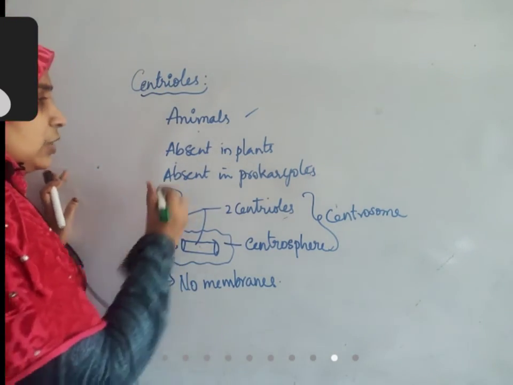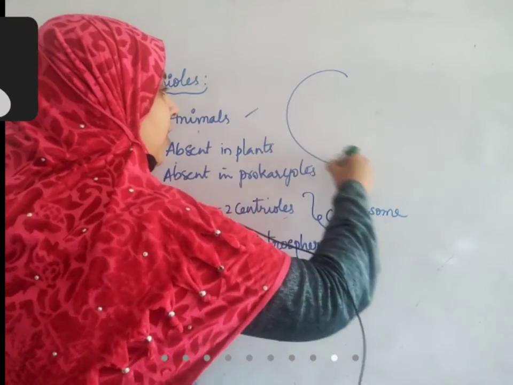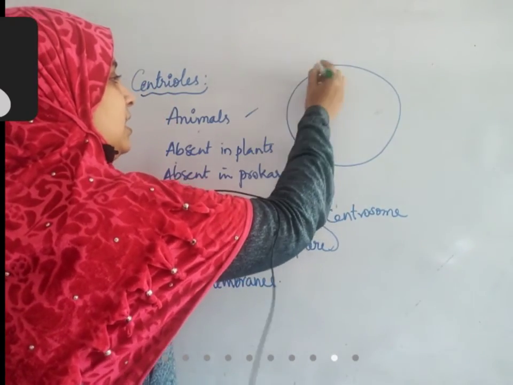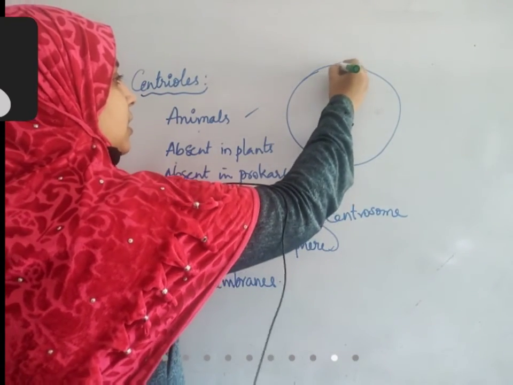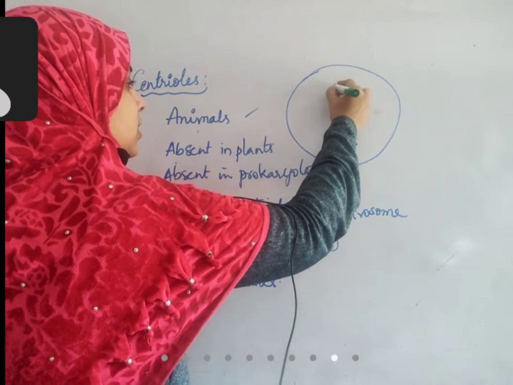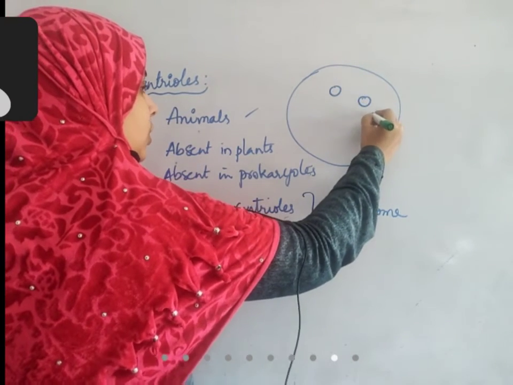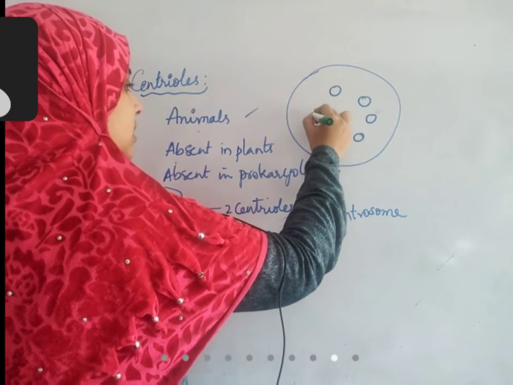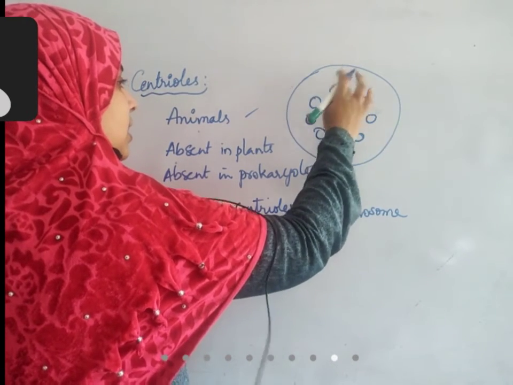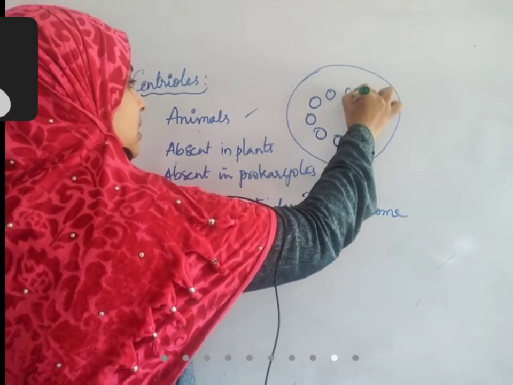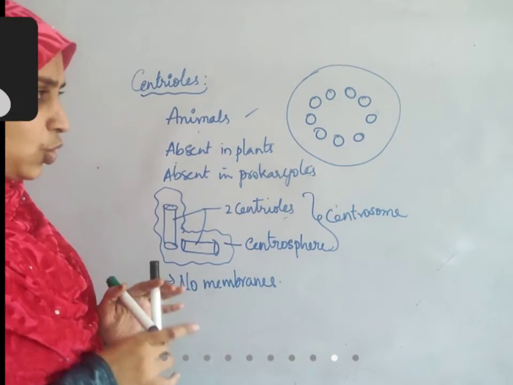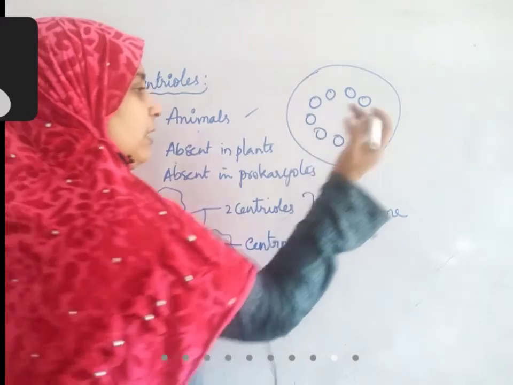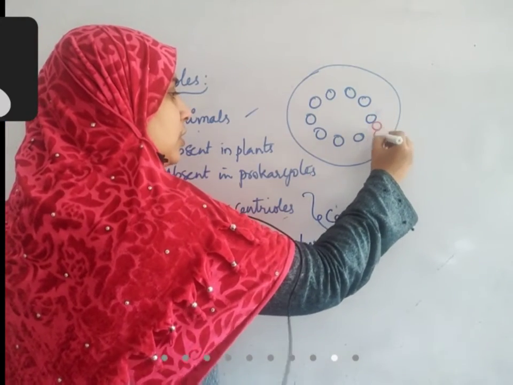If you see the TS of centrioles, you can find that there are 9 sets of 1, 2, 3, 4, 5, 6, 7, 8, 9. 9 sets of 3 fibers are present.